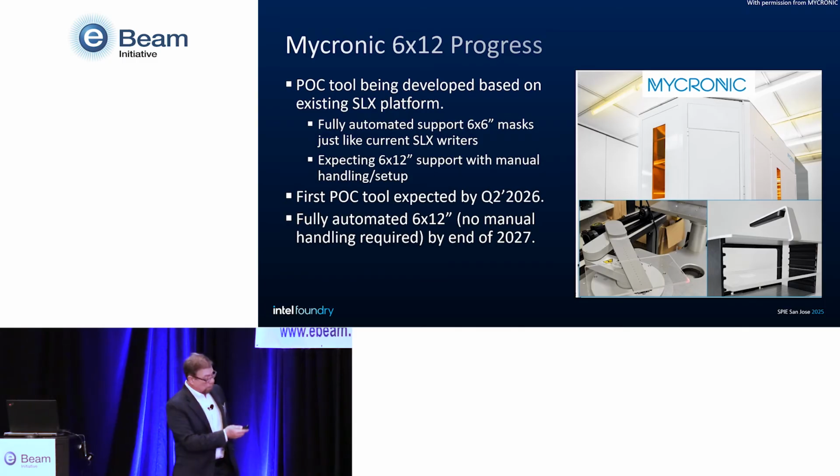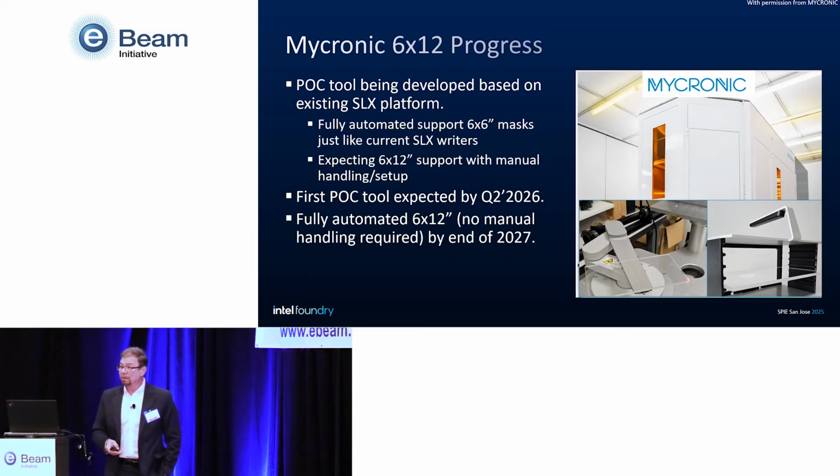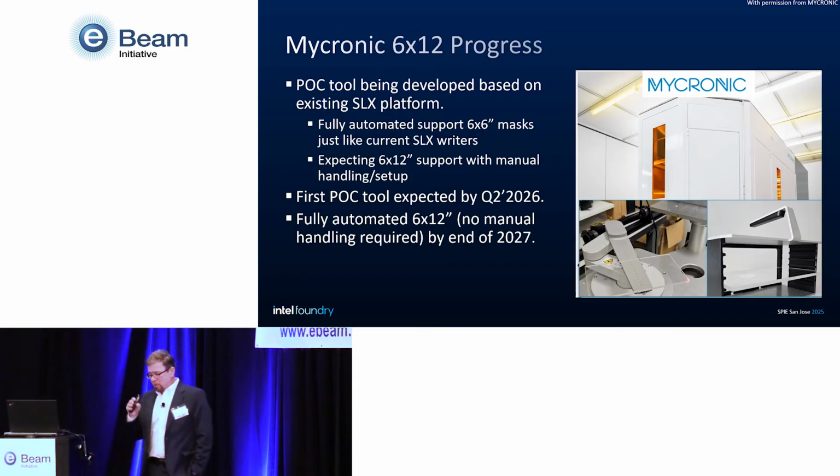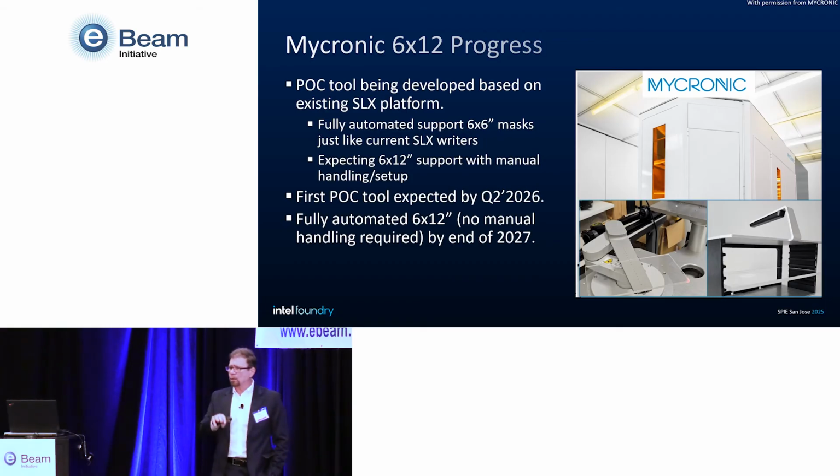So they went off, took one of their machines, the SLX, and came back with a design. These guys are ready to go. They're ready to give us a tool mid-26 for prototyping, and a real tool in 27. Now, why is this important? Because we need to put patterns on the glass. We need a tool that can put laser writer quality patterns.